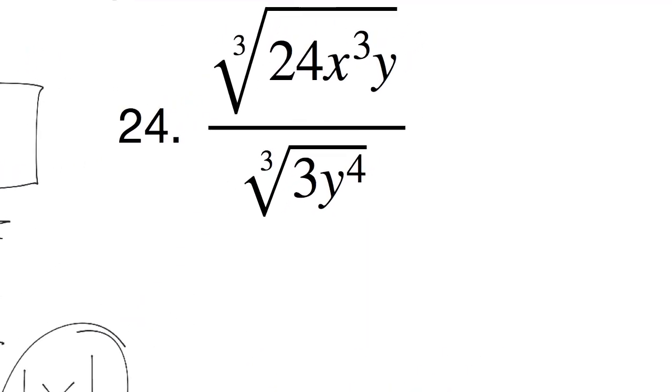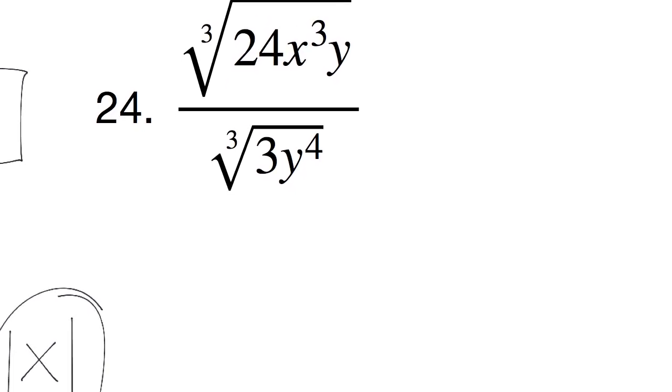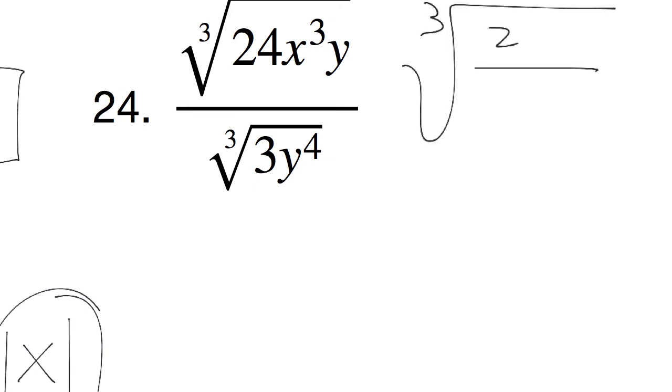Ooh, a lot of stuff here. I'm going to use the same technique. I'm going to combine them to get one big cube root of a fraction that I can simplify. 24 over 3, x cubed, y over y to the 4th. I'm going to cancel this.